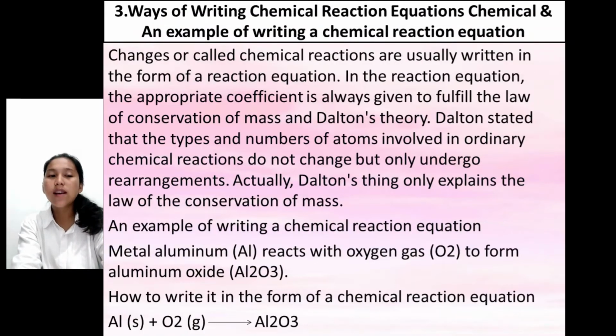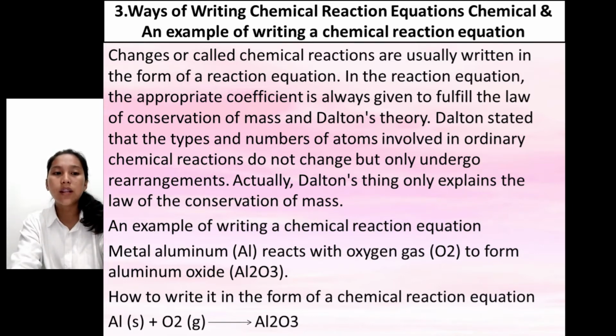The next, ways of writing chemical reaction equations. Chemical reactions are usually written in the form of a reaction equation. In the reaction equation, the coefficient is always given to fulfill the law of conservation of mass and Dalton's theory.